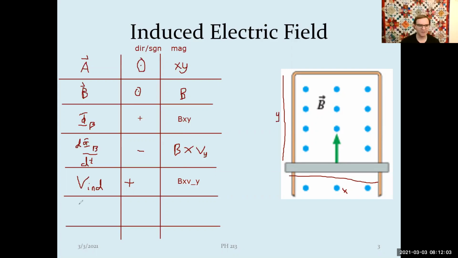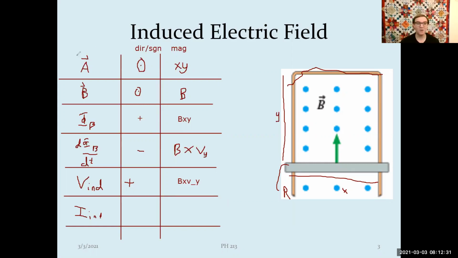All right, last thing I want to do here is find the induced current in this wire. I'm going to go ahead and assume I know the total resistance of the gray wire is R. I'm going to assume that this copper wire here is an ideal perfect wire that doesn't have any resistance. So if I do that, direction-wise, this is probably the trickiest step of using the magnetic induction table.